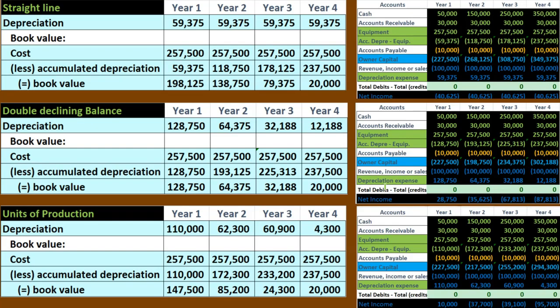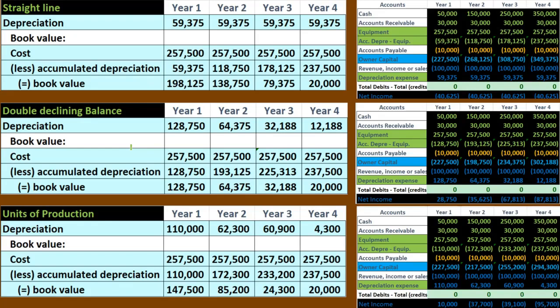Also, for accounting purposes, we could use different methods rather than double declining. We could use 150% declining or any type of accelerated method in the front years. Double declining is the most common.